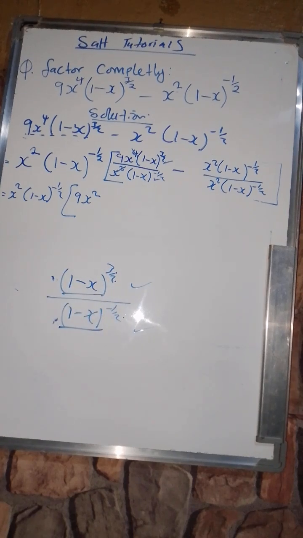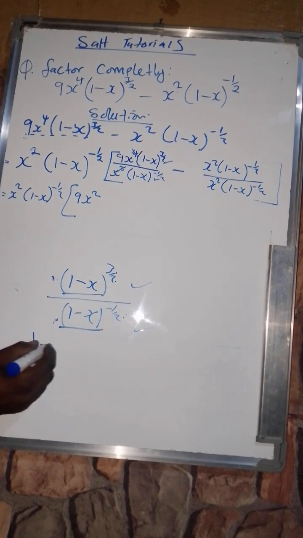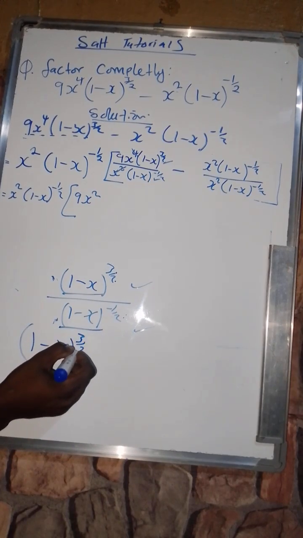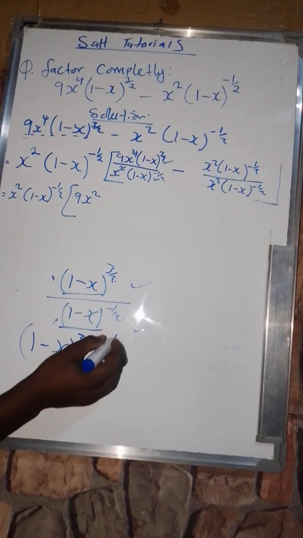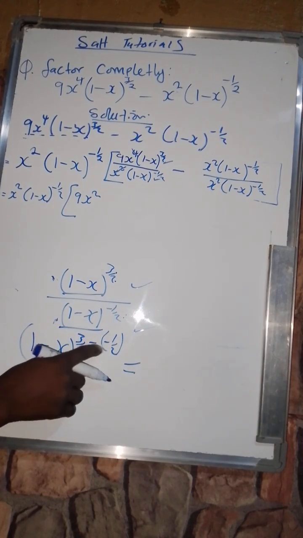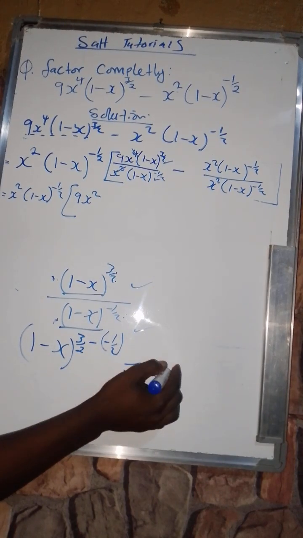So according to indices, when we're dividing the same base by different powers, just grab that base but subtract the powers. So we have 3 over 2 minus negative 1 over 2. So this becomes a plus here because of a negative.